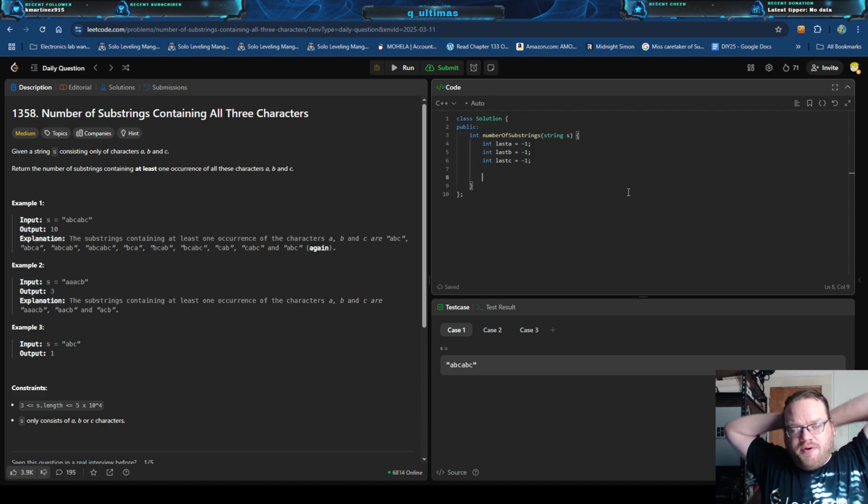I don't think I really need a left pointer. All I need to really track is the character I found, correct?